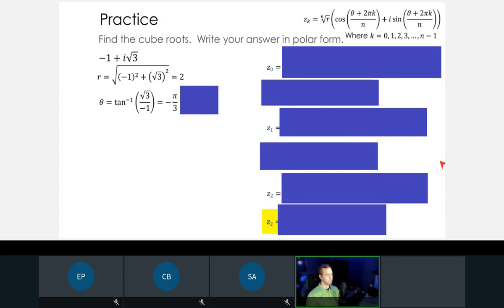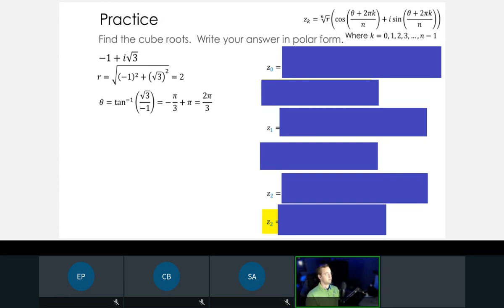It's quadrant 4. So what do I do to go from quadrant 4 to quadrant 2? We're just going to add pi to it. Yep. So then we get 2 pi over 3. So now we are in quadrant 2 like we're supposed to. So that's the important piece. The very beginning of converting from rectangular to polar is probably the hardest part of the problem. The rest is just plug and chug.